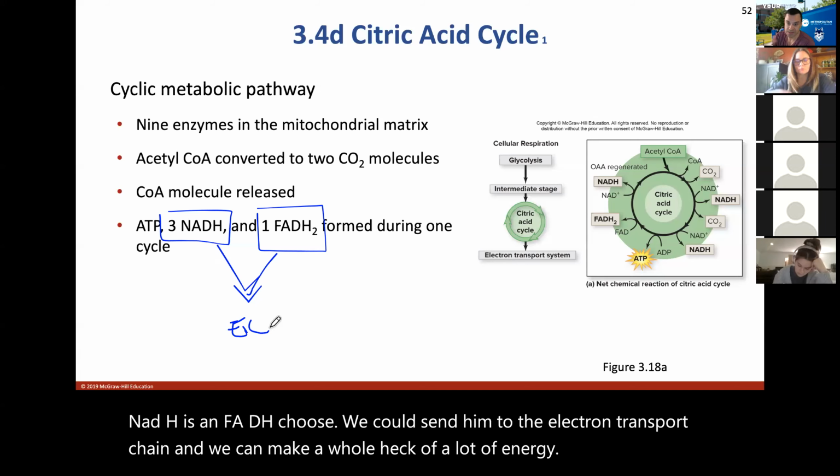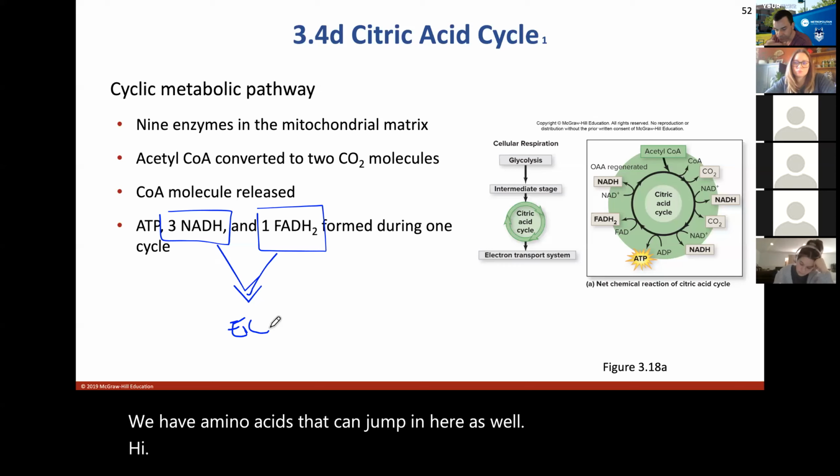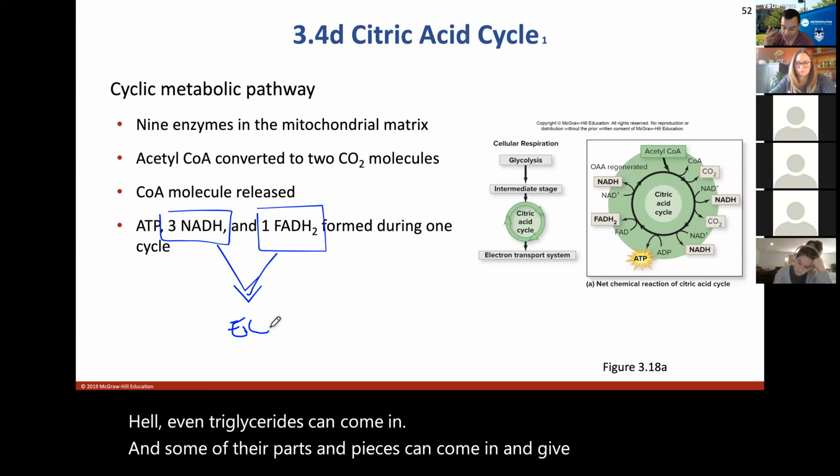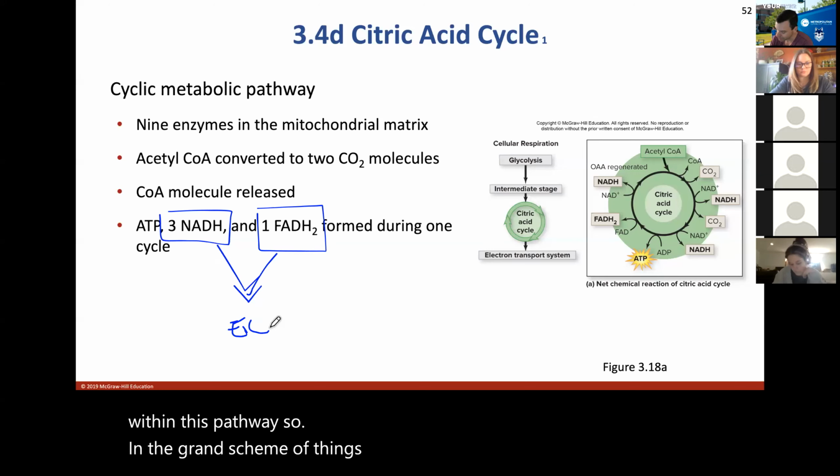We have amino acids that can jump in here as well. Okay. Even triglycerides can come in and some of their parts and pieces can give us intermediates in this pathway. So in the grand scheme of things, from a biochemistry standpoint, a ton of stuff happens here. Okay.